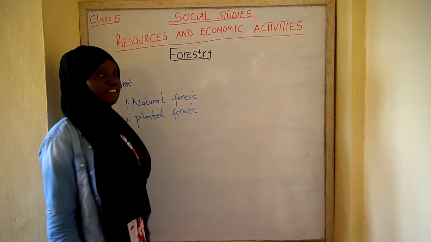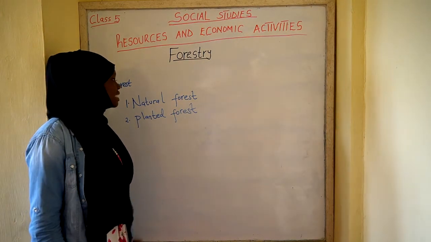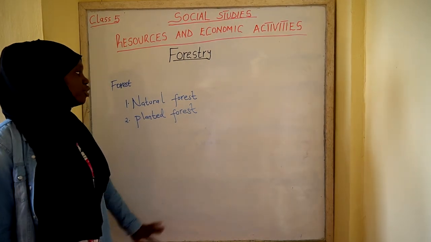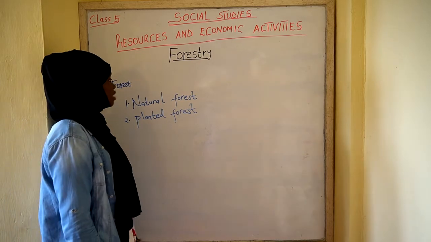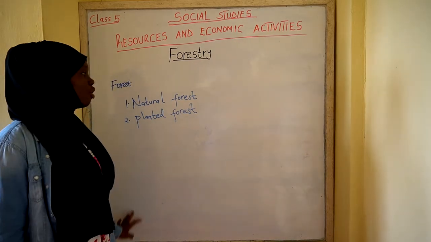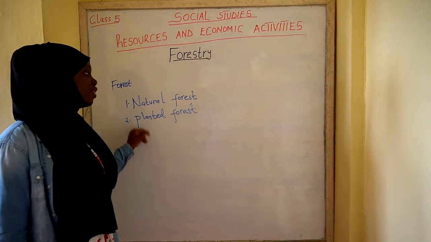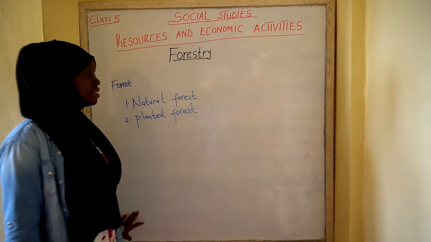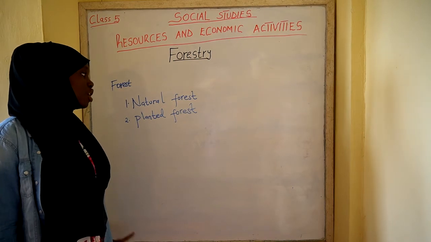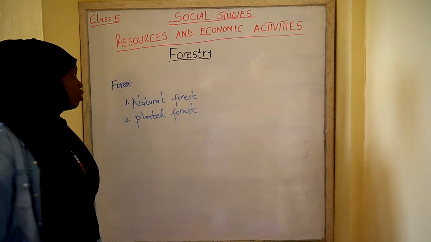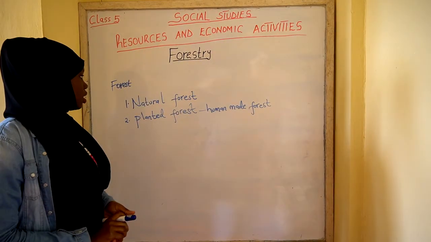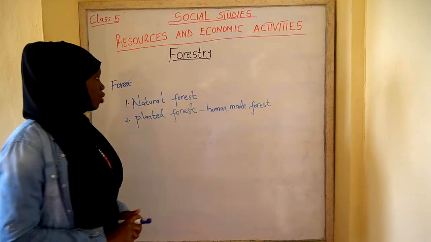Natural forest refers to a forest that grows on its own without the help of human beings. The trees are growing on their own, whereas planted forest refers to a type of forest where the trees are planted by human beings. We can also call it human-made forest because it is planted by human beings.